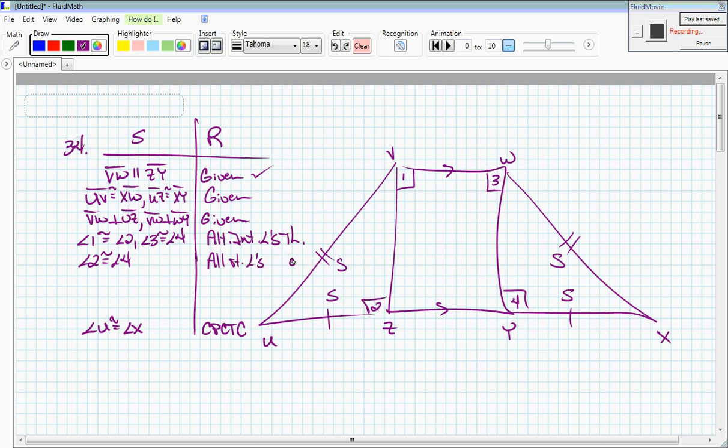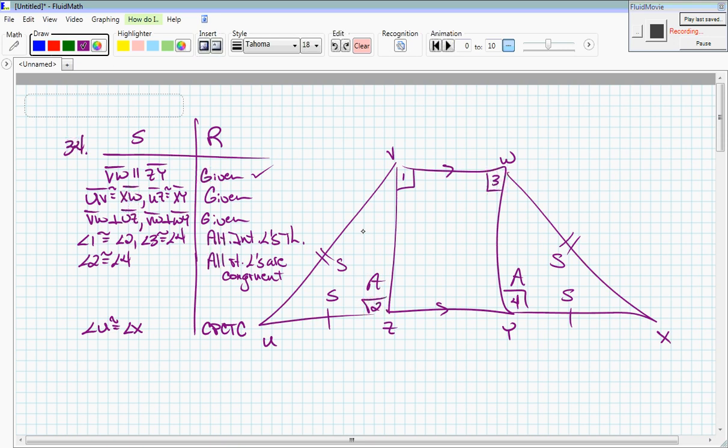Now we are skipping some steps in here. I do want you to know that. But if we didn't, we would increase the number of steps by 4 or 5. So now that we know that these angles are congruent, again, you would say, well, ASS is not a congruence postulate we can use. However, because these are right triangles, we also have the hypotenuse leg congruence theorem, which can be used in right triangles.